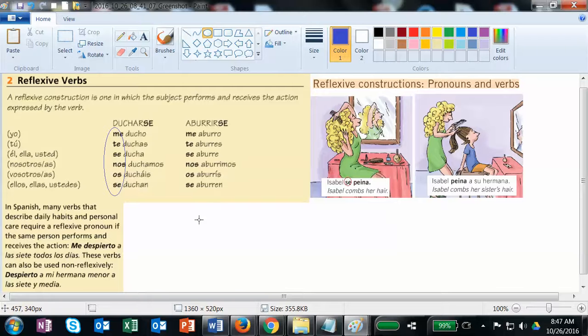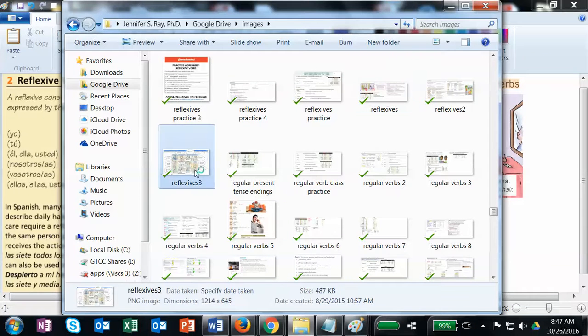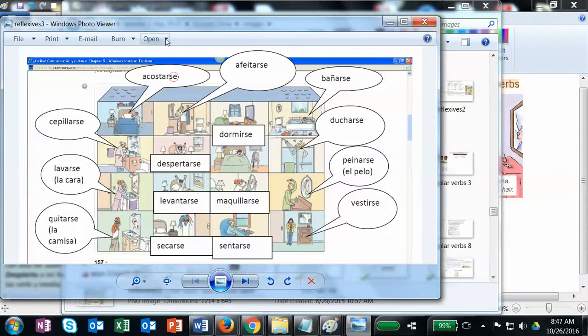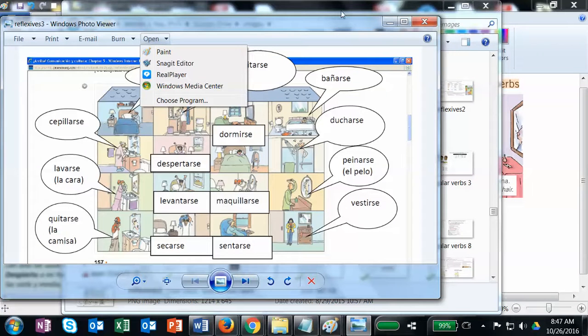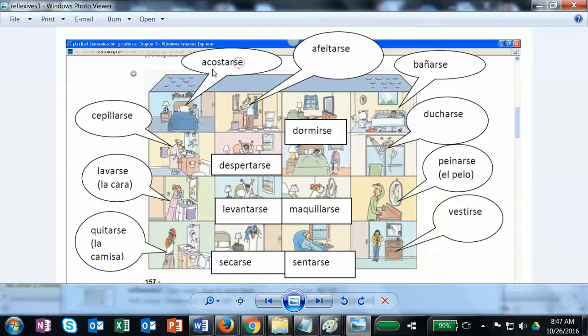So when you're introduced to these verbs, and I'm going to pull this up from a different book, actually. I'll just leave it like this. I think it's big enough. When you're introduced to these verbs, you're often going to see them given to you with the reflexive pronoun attached.